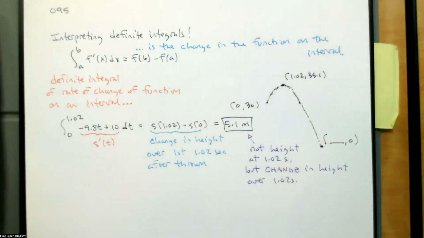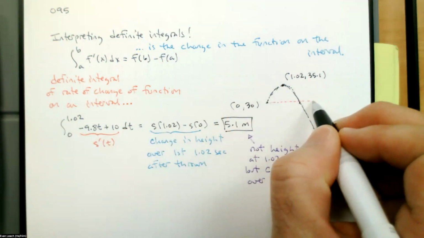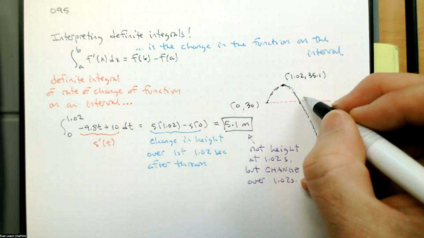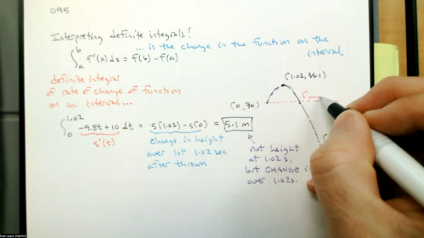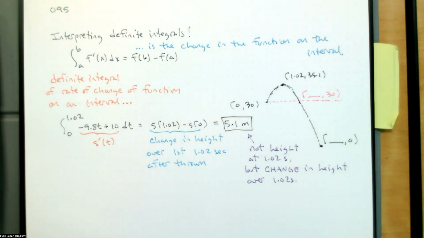Because we know, based on the symmetry and the physics of the problem, that this is going to happen again.